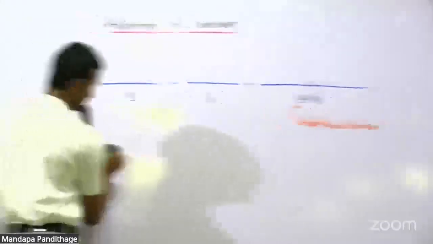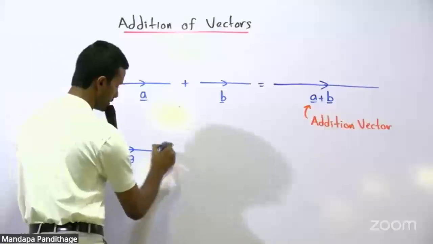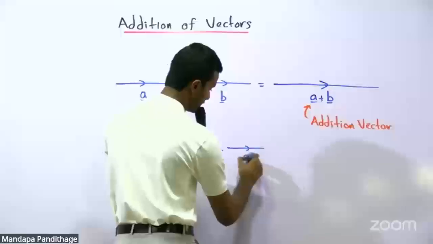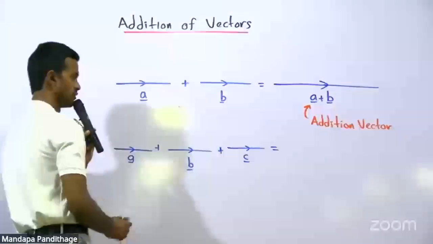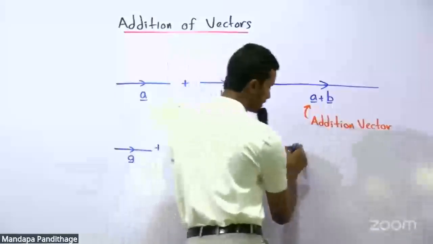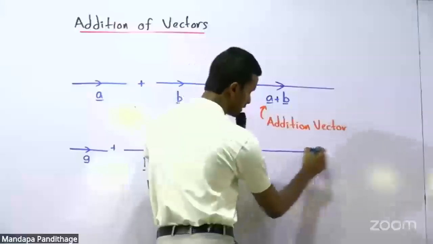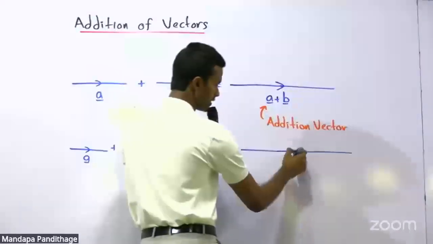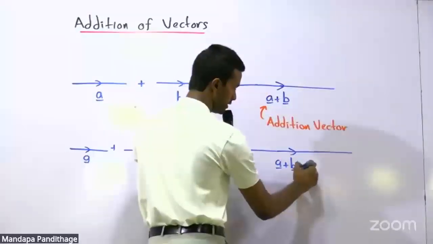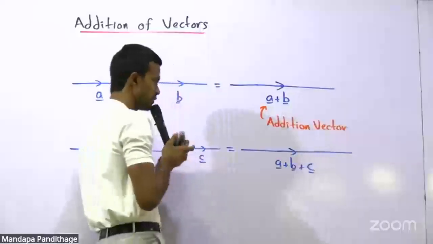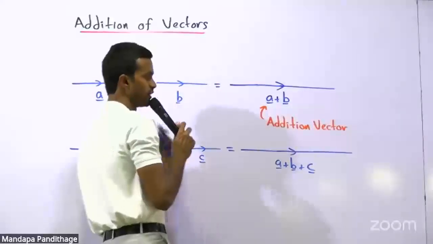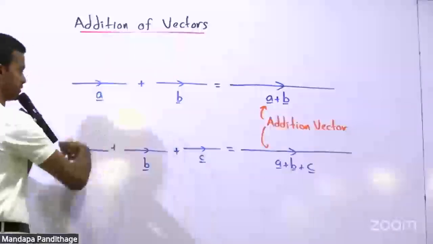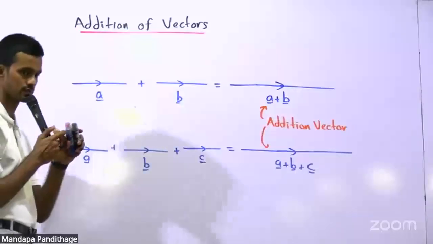Let's say we have three vectors in the same direction, A, B, and C. To add all these vectors, first draw one vector, from its endpoint start the other vector B, and from that endpoint start the third vector C. So this vector gives you the addition vector A plus B plus C. Even if we have 3, 4, 5, any number of vectors with the same direction, it's the same.